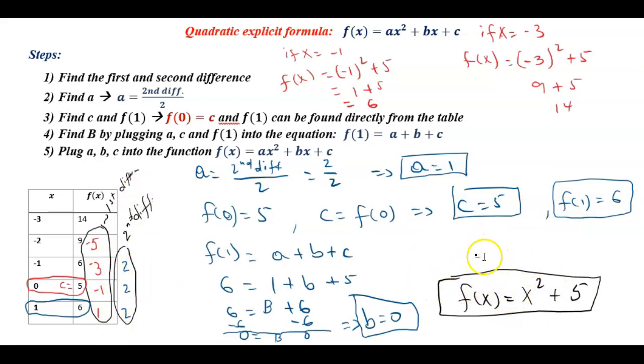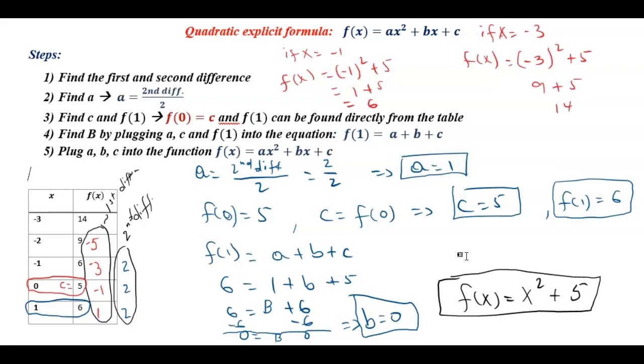The key thing here is, when they ask for an explicit formula for a quadratic function, think about the standard form of the quadratic function, which is f of x equals ax squared plus bx plus c. In some cases, a, b, c will all be different than 0. In other cases, you're going to have c equals 0, so you're not going to have the c term, and you're just going to have the a and b.